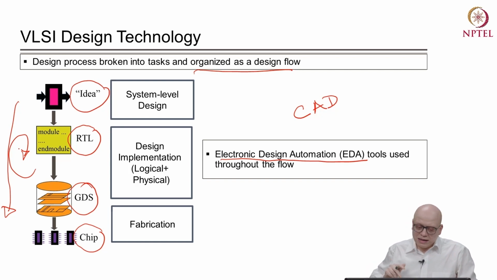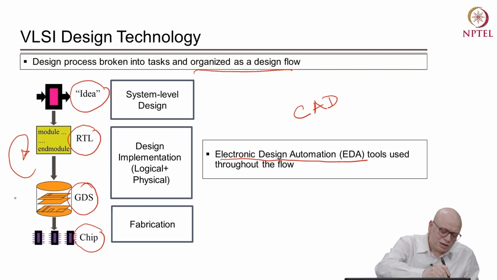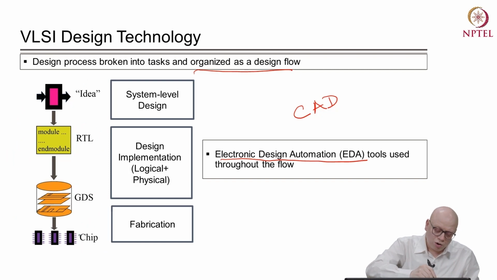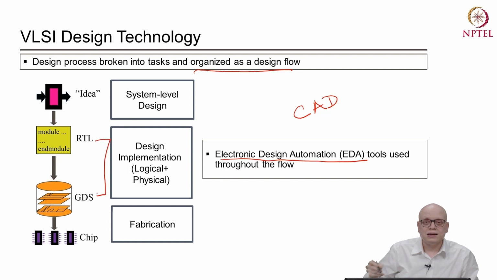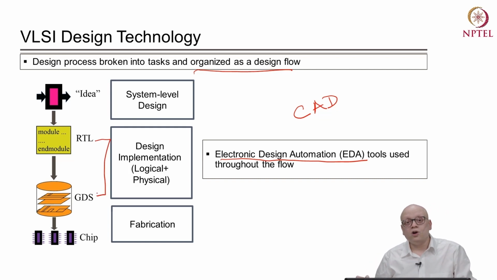And in this flow, we'll be particularly focusing on the part from RTL to GDS, meaning how we transform a design at the logic level, which is an RTL, to GDS, which is the layout. We'll be concentrating on this part because this is an area where lots of design effort is needed. And that's why the name of this course is VLSI Design Flow RTL to GDS.